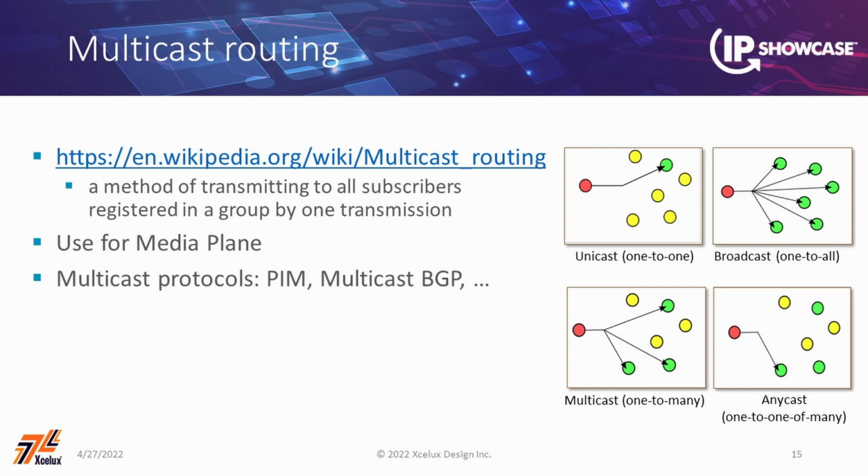And multicast routing is a method of transmitting to all subscribers registered in a group by one transmission. This diagram is very simple and easy to understand. Unicast is one-to-one. Broadcast is one-to-all. Multicast is one-to-many.